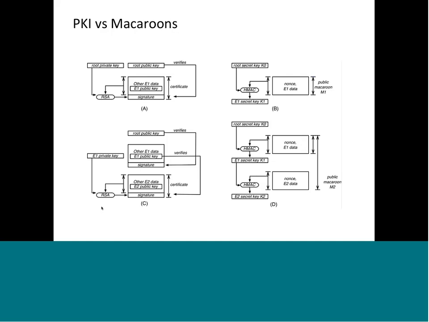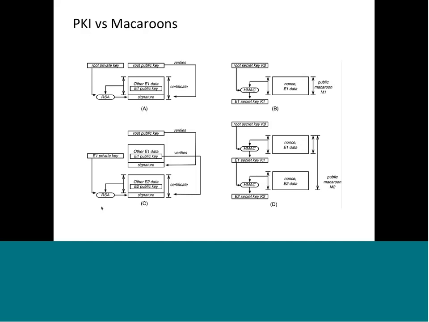So how are macarons a parallel to PKI itself? In PKI we have a root private key, which is basically an RSA key pair, and it is used in the RSA algorithm. And there is also a root public key which is publicly known to us.